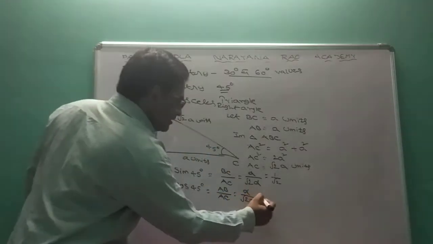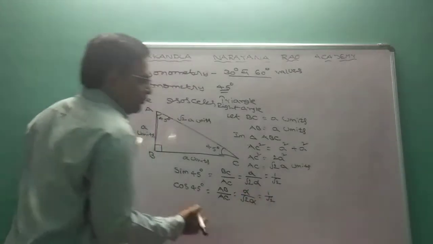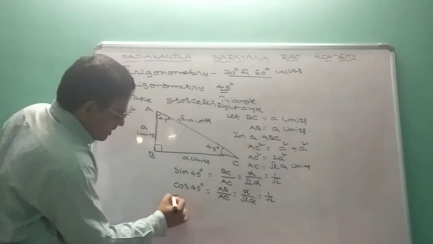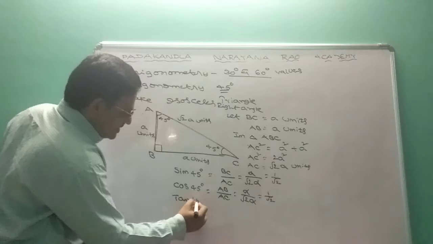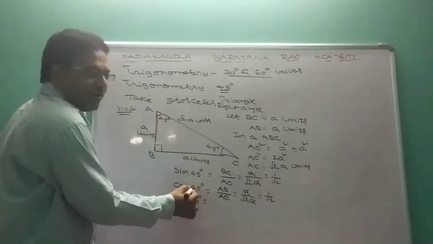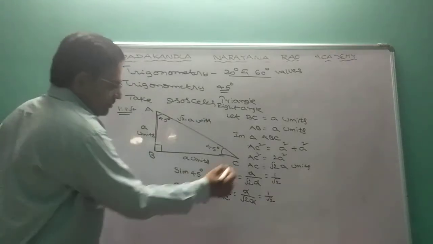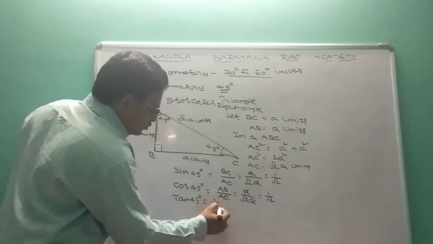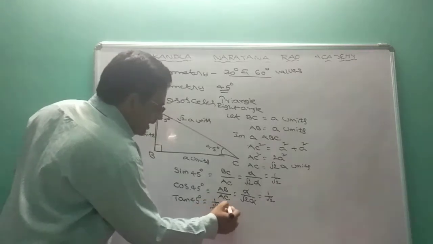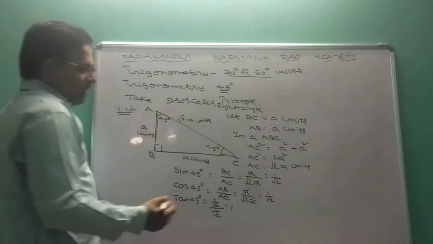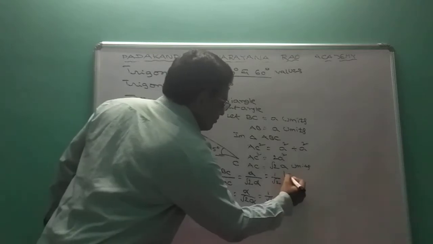A and A cancel, that equals 1 by root 2. Same manner, tan 45° is sin 45 by cos 45, that equals 1 by root 2 by 1 by root 2, that equals 1.